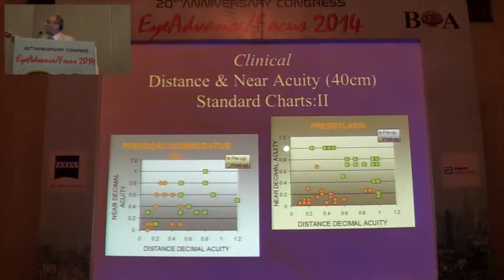They were tested, this time, using ordinary charts as opposed to the more complex experimental setup I showed you earlier. And here we can see these patients were at the bottom left before treatment, and most ended up in the top right. But there's a general tendency of distance acuity and near acuity being inversely related to each other.